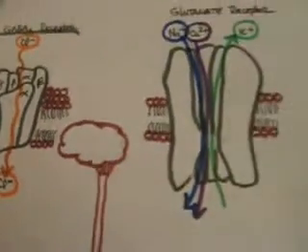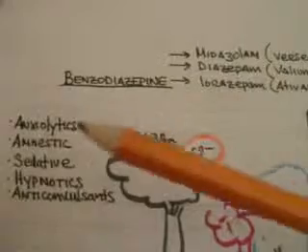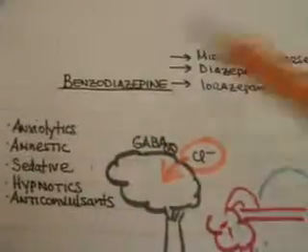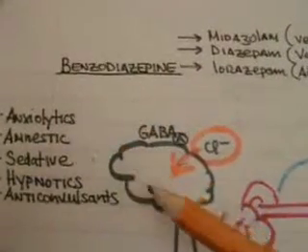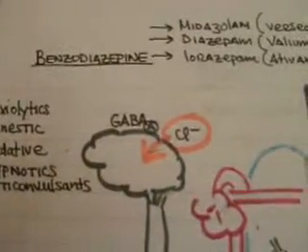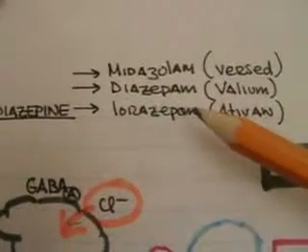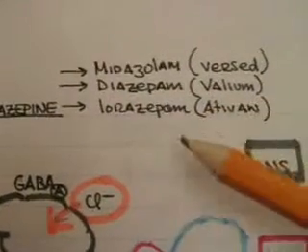This inhibitory effect can be thought of clinically as the manifestation of reduced anxiety, an amnestic response, sedative hypnotic, as well as an anticonvulsant effect on the central nervous system. Certain drugs belong to the class of benzodiazepines, which would be midazolam, also known as Versed, diazepam, which is Valium, and lorazepam, which is a long-acting agent known as Ativan.